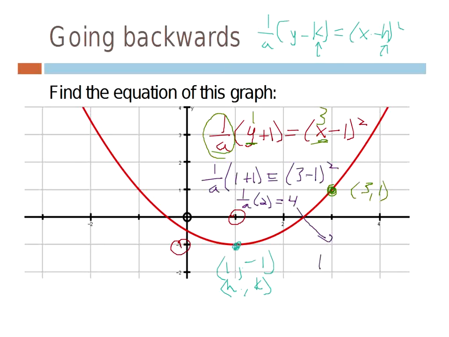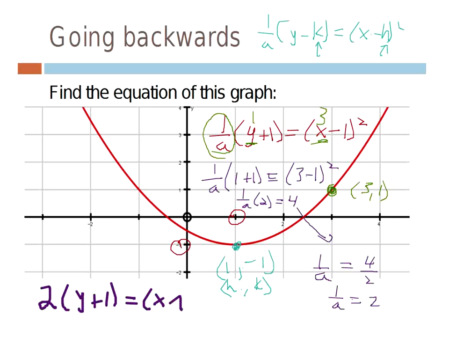And so to find the 1 over a value, I divide both sides by 2, and 1 over a equals 2. And this tells me that the equation of this parabola is 2 bracket y plus 1 equals x minus 1 all squared. Let's fix that in a second.